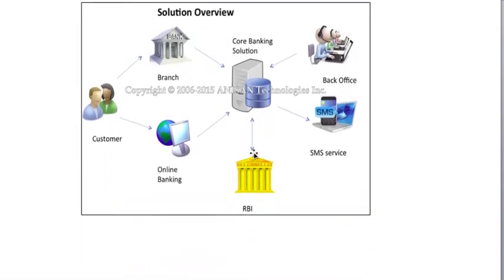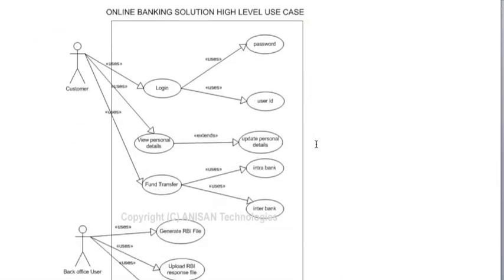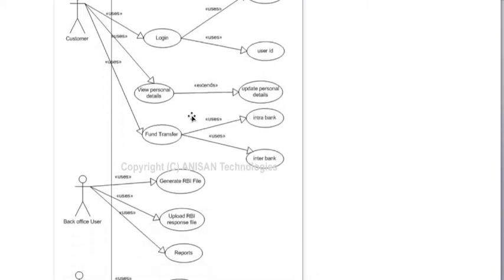This is one way. You can have different ways, and this is a high level use case diagram. If you see the customers, what kind of functionality they are doing. Login, for which they use a password and user ID. Then they can view personal details and also update them if they want. Then they can do a fund transfer, intrabank or interbank. These are the high level features and functionalities.